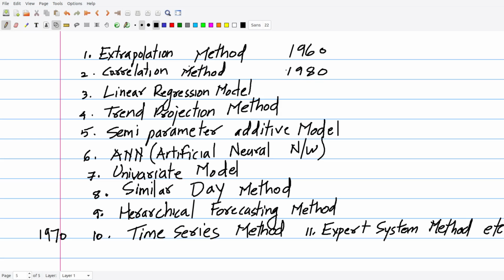Then linear regression and these are around 1985. Then we have the semi-parameter additive model, 1990. For the hierarchical forecasting method it is 2010, and latest today we have this method.